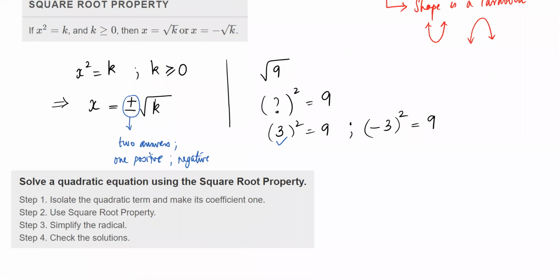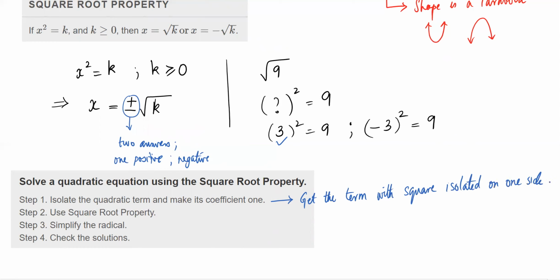All right, so let's also look at these steps when we consider solving using square root property. You want to isolate the quadratic term and make its coefficient 1, okay? So we really want to get the square term, let me write it out here, isolated on one side.